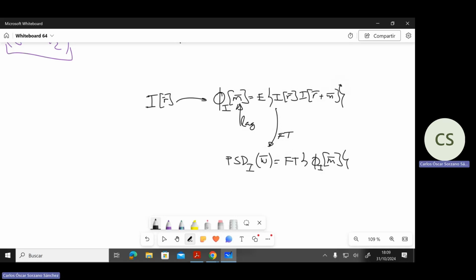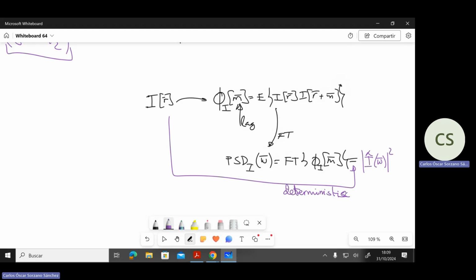And if the image is deterministic, this one is deterministic, but only if it is deterministic.